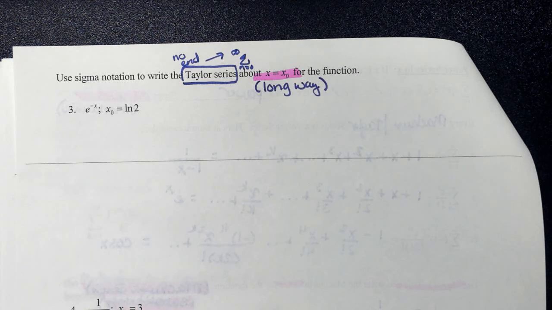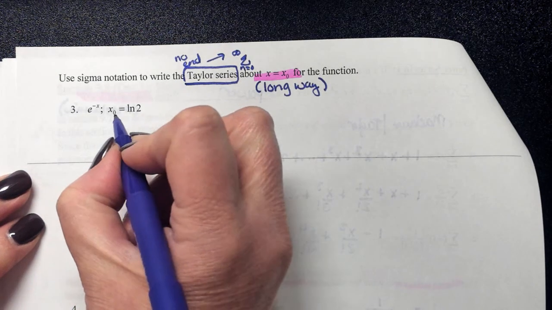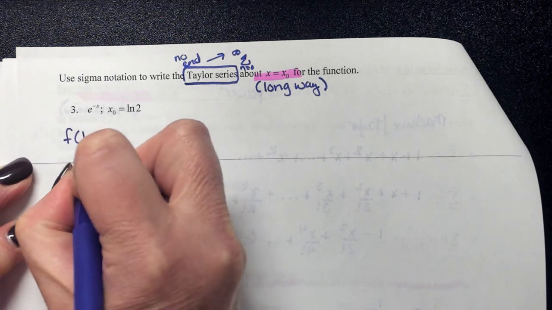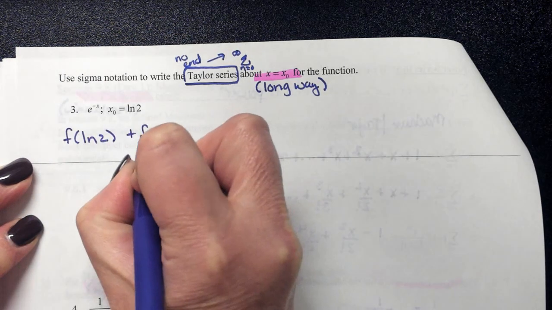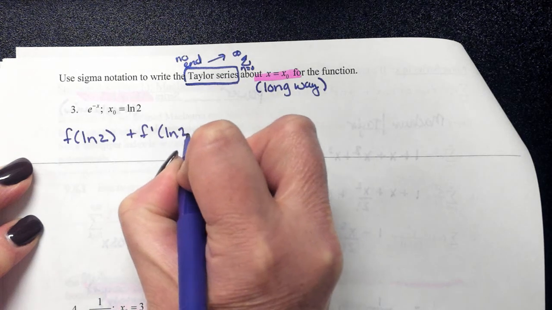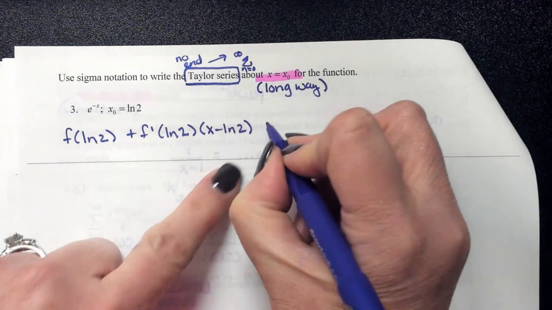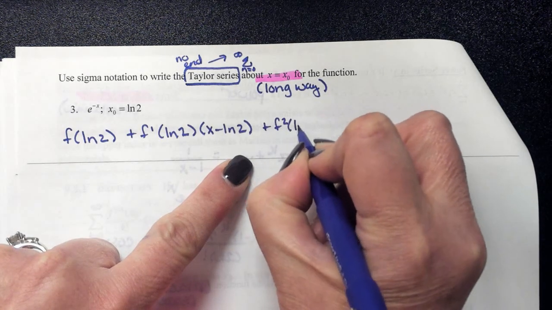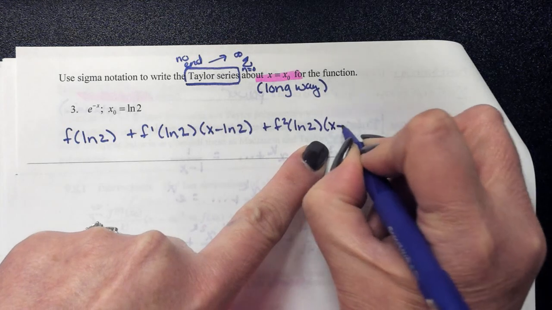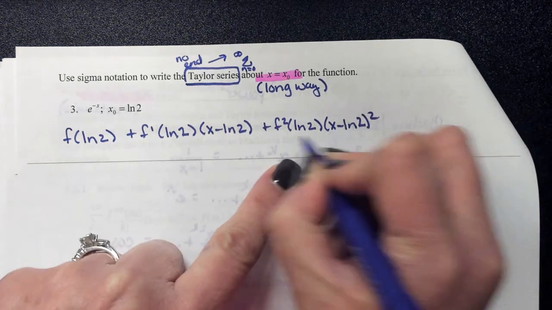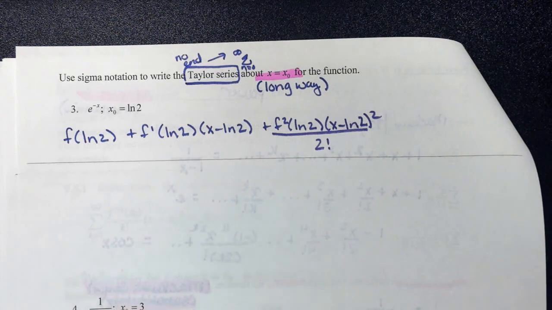So in order to write your sigma notation, you're going to have to write out the first couple terms so that you can see what the pattern's going to be in order to come up with that general formula. So again, remember the way you're going to generate a Taylor series is we first have to find f of natural log of 2 plus f prime of natural log of 2 times x minus natural log of 2 plus your f double prime of natural log of 2 times x minus natural log of 2 to the second power over 2 factorial.